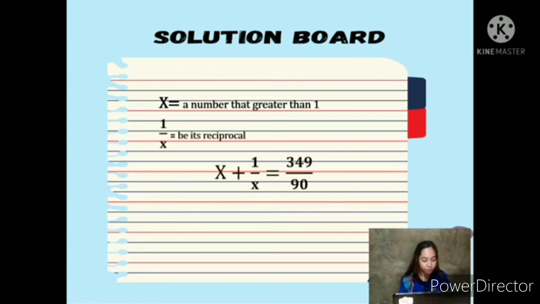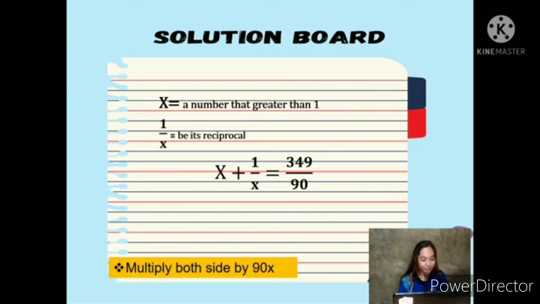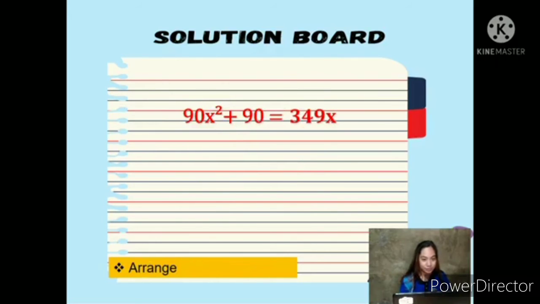So meron po tayong x plus 1 over x is equal to 349 over 90. So we're gonna multiply both sides by 90x. So 90x multiplied by x is equal to 90x squared plus 90 is equal to 349x. So arrange po natin sila.